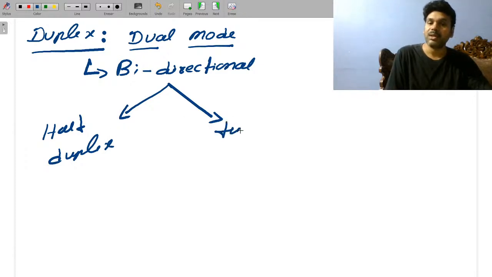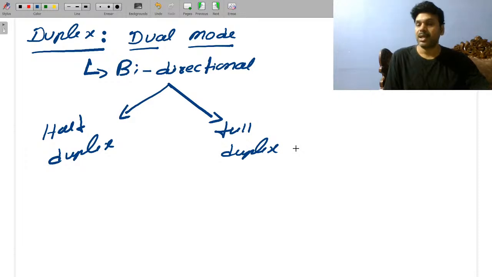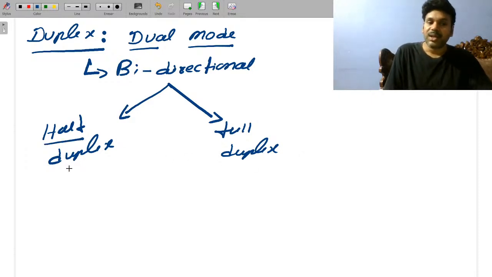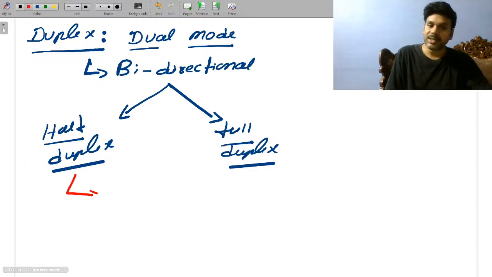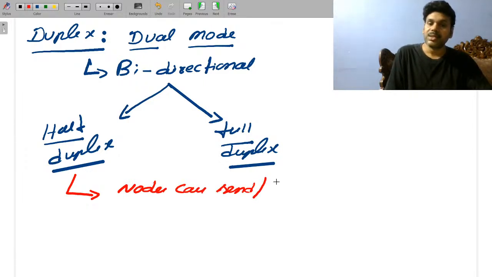The other is full duplex, where both can send as well as receive. You all know why we are learning half duplex and full duplex once again as fundamentals, but I am trying to integrate them into computer networks. Observe carefully. When I say half duplex devices, it means nodes can send or receive data.